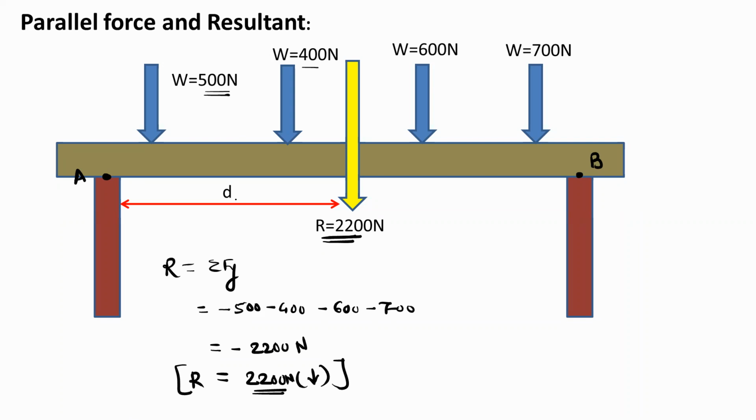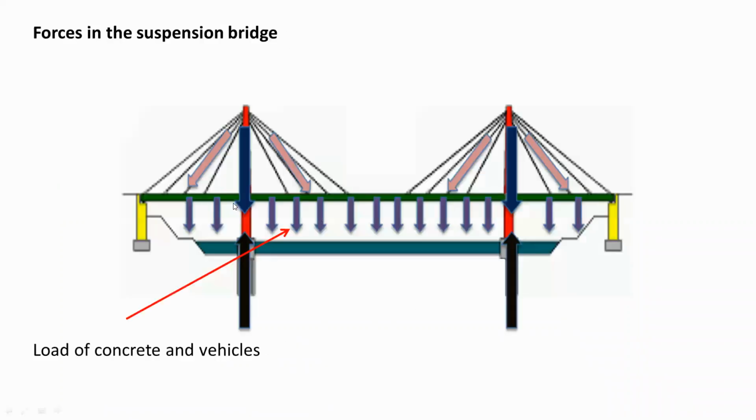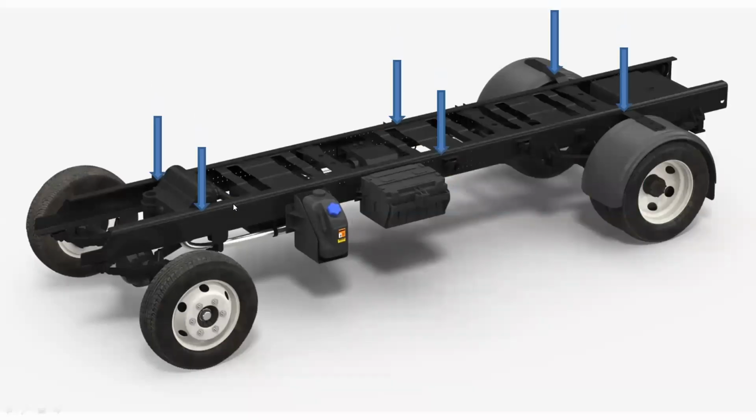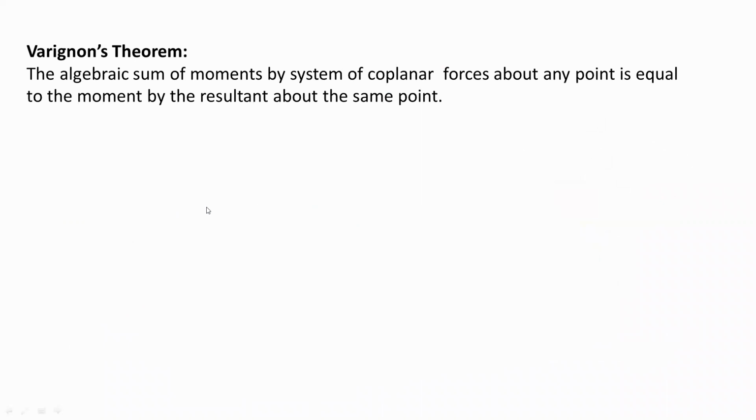What is the meaning of Varignon's theorem? Varignon's theorem is nothing but the algebraic sum of the moments by the system of coplanar forces about any point is equal to the moment by the resultant about the same point.